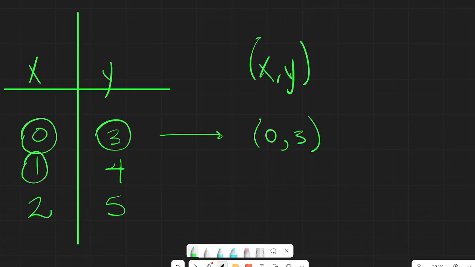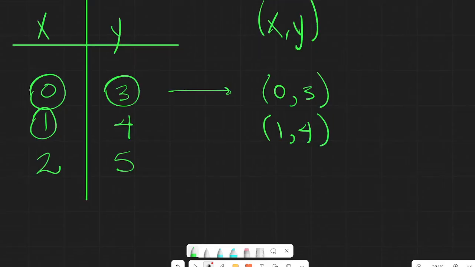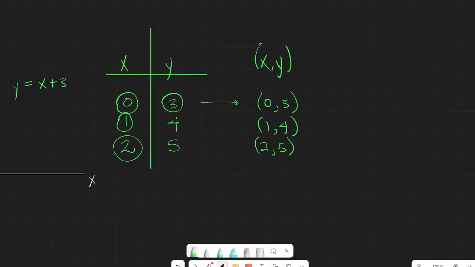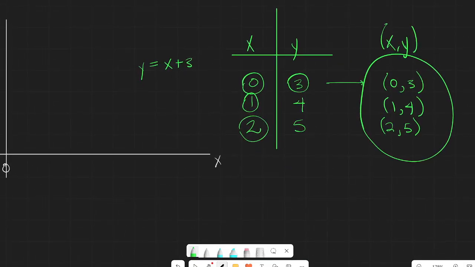Similarly, we have our x equals 1 coordinate, and plugging that into the function results in a 4. Finally, inputting 2 into this machine, this function, results in an output of 5. Hopefully you're seeing a pattern here. These are the ordered pairs that give us the points to our coordinates.